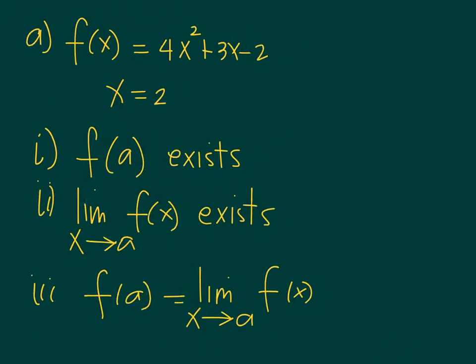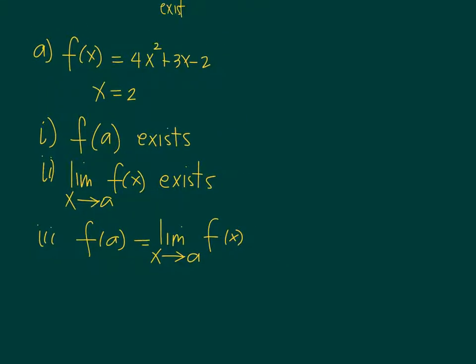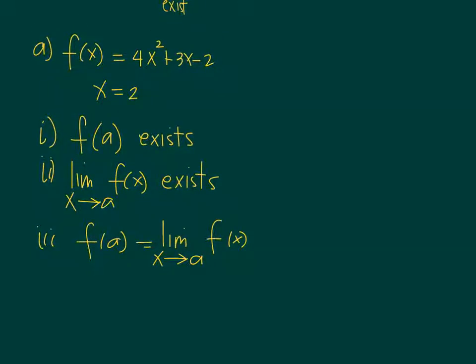Okay, so our first example is f of x equals 4x squared plus 3x minus 2. Let us do step number 1, f of a. What is f of a? It's f of 2, because we're checking if it is continuous at 2. Our a is 2. So f of 2 is 4 times 2 squared, so that's 16 plus 6 minus 2 equals 20.